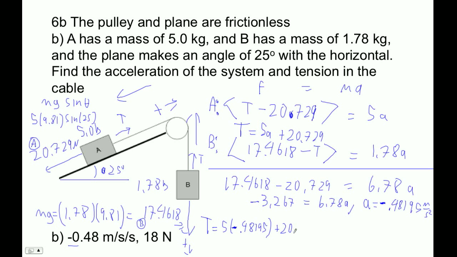And then plus 20.729. Okay, so that guy times 5 plus this thing. I get 18.3196. Okay, as my tension. Okay, so notice how accelerations will come out negative. The tension is never going to come out negative, because what would that mean? Anyway, good enough.